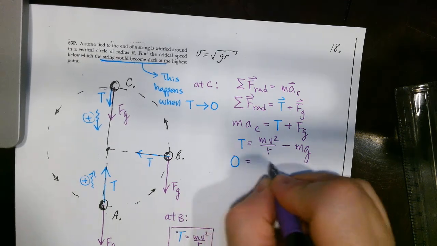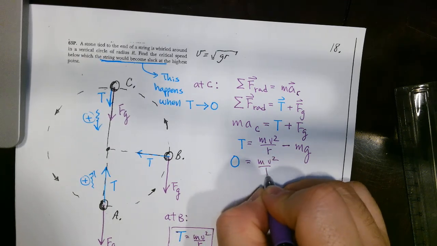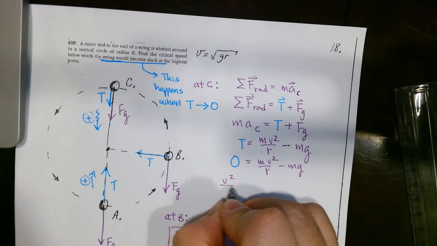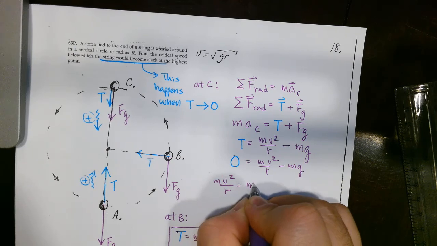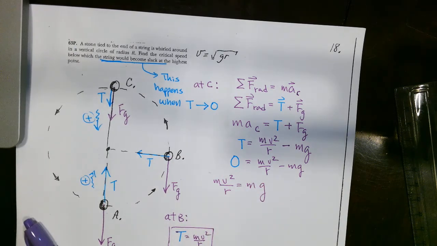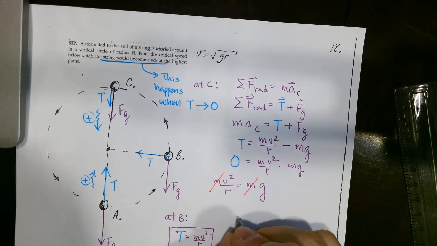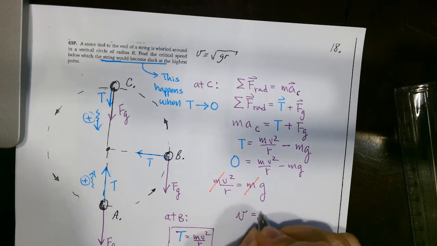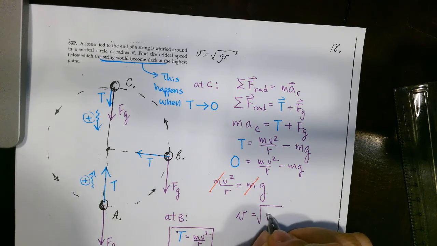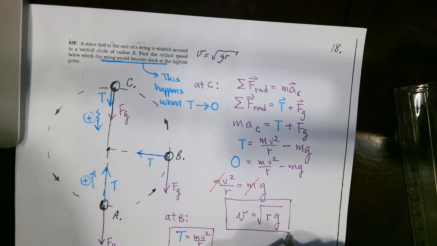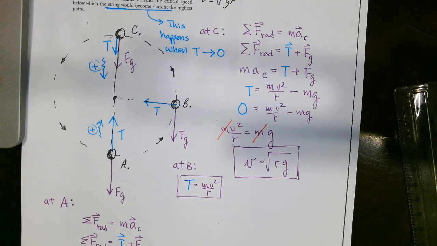So 0 is equal to mv squared over r minus mg. So v squared over r is equal to mg, and notice how the masses cancel out nicely. So my v is equal to the square root of rg. Okay?